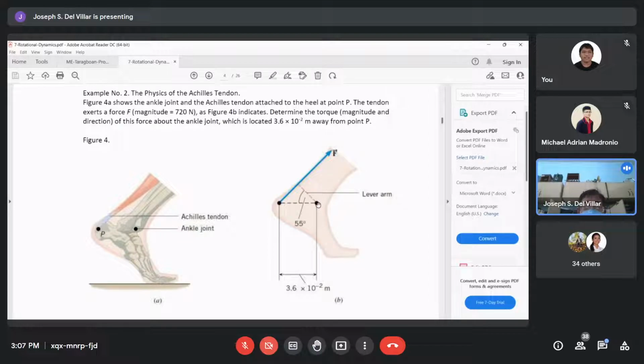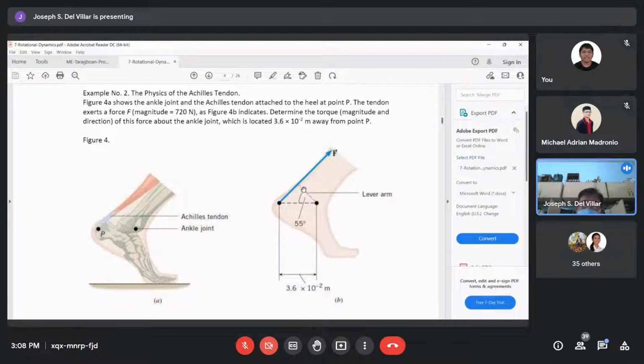Then we drop a perpendicular from the line of action of the force connecting the ankle joint. That is the lever arm. Okay? So hindi naman siguro kayo malilito kung ano ibig sabihin ng lever arm. It is always perpendicular to the line of action of the force. Okay? Then pag perpendicular na siya sa line of action, you connect that with the ankle joint.